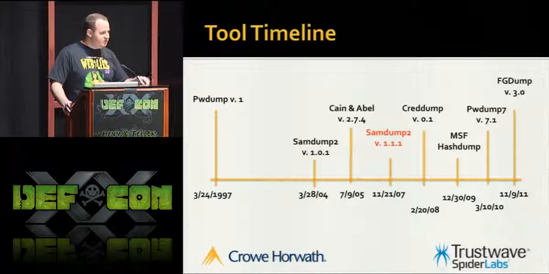And because this tool was so accessible, because it was in a scripting language that a lot of people could understand, it was used as a source for other tool writers to write their tools. So we see an explosion of tools after that, Metasploit being one, PWDump 7, and even tools that are currently in development now that are implementing this code that's skipped a couple generations.